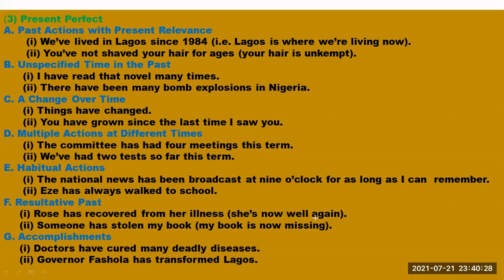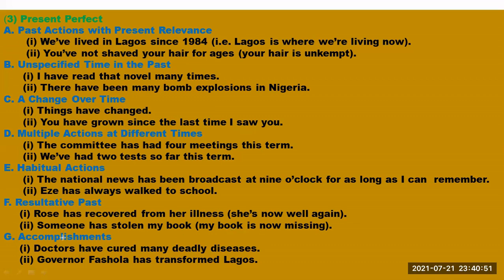That is the effect of the recovery. Or if I say someone has stolen my book, the effect is that my book is now missing. Because I can't see it, I presume someone has stolen my book.